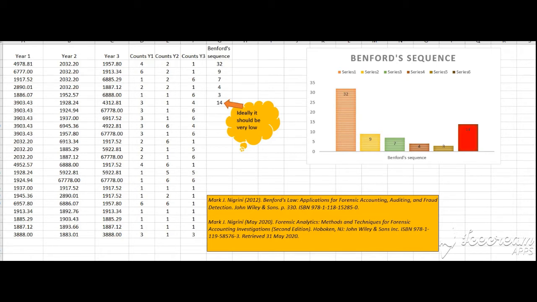One is from 2012, a book, Benford's Law: Applications for Forensic Accounting, Auditing and Fraud Detection by John Wiley and Sons, and the second one is Methods and Techniques for Forensic Accounting Investigations, second edition, also by John Wiley and Sons.